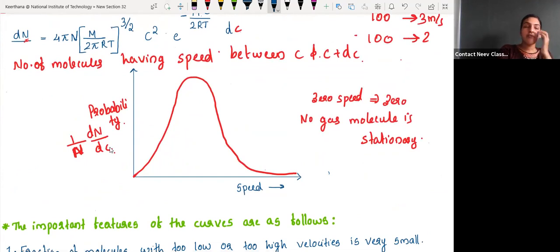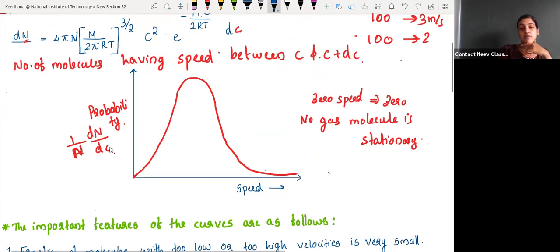Actually, you can find different curves. In some texts they write number of molecules dn versus c, sometimes dn by n versus c, and in some texts dn by dc versus c. You can find different curves, but all have the same nature.